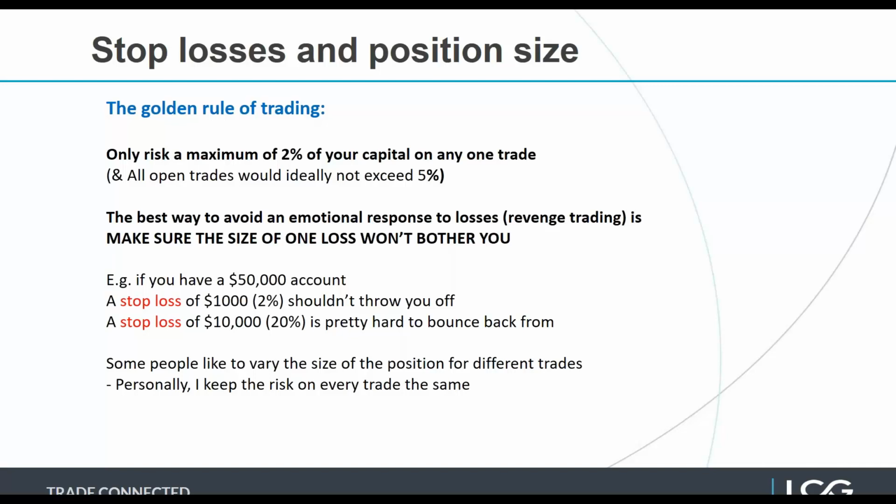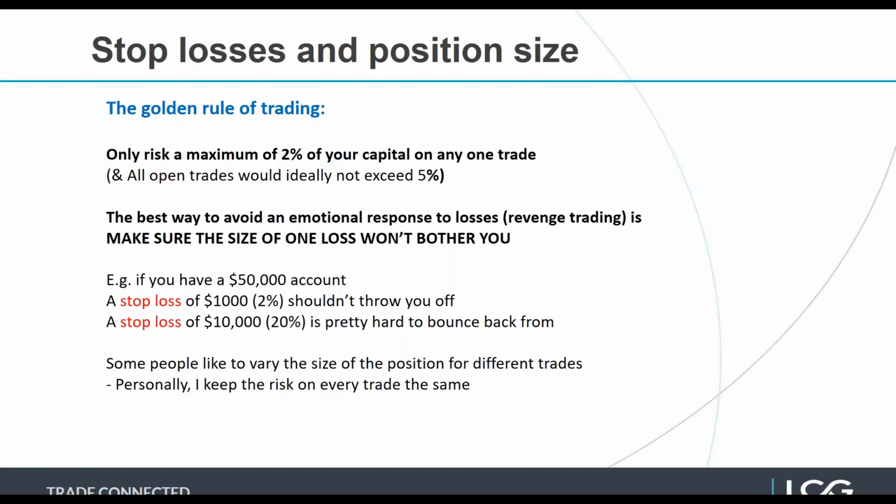A stop loss of $10,000, you still do have $40,000 left in your account, but that's 20% less than you did previously, and it then takes much more than 20% just to even get you back to break even. And so that's emotionally and, as I said, mathematically harder to bounce back from. Of course, when you get the winners, they'll be proportionally bigger, but we have to think about the downside in these markets too.